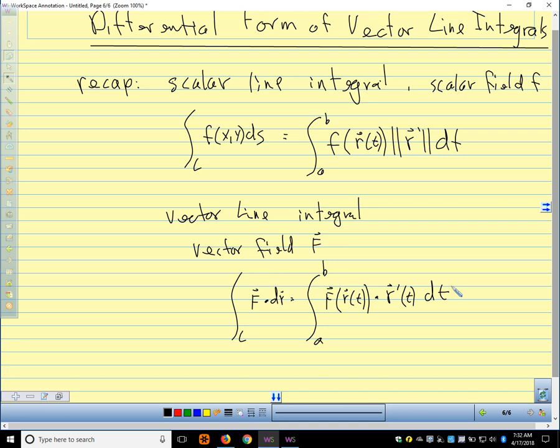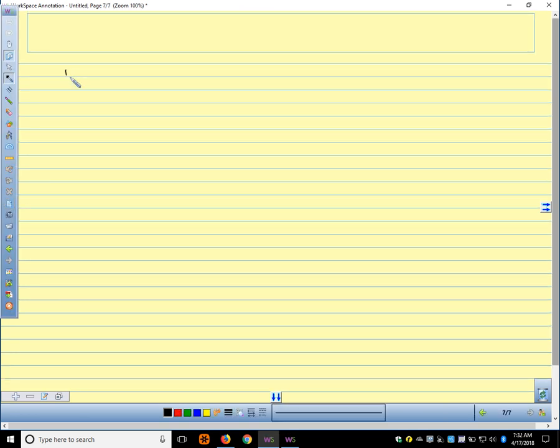We're going to make a relation. We're going to talk about how we can represent this vector line integral as a sum of scalar line integrals. We see that when we do the dot product, it comes out that way, but we can represent it in a nice, compact way. So we're going to use the notation that f is m i hat plus n j hat.